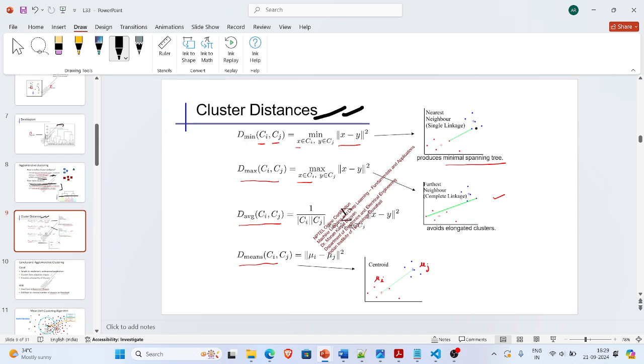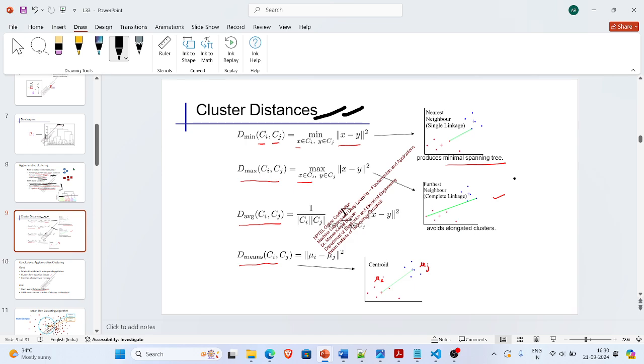These 2 points have minimum distance, so they come under one cluster. For maximum, what we are doing is that this one should be different from the cluster, not from the other one. Likewise, average and mean, that is mean between centers.